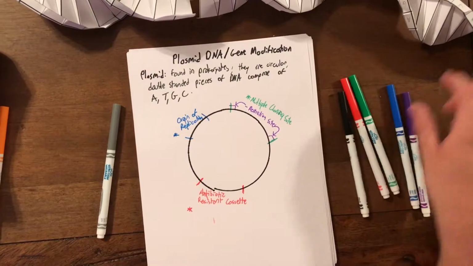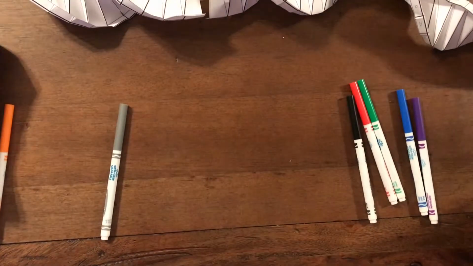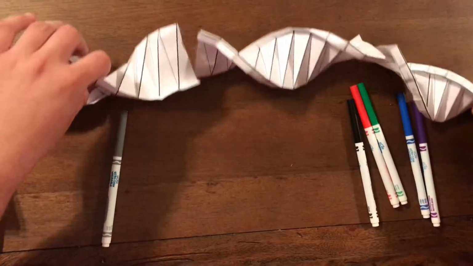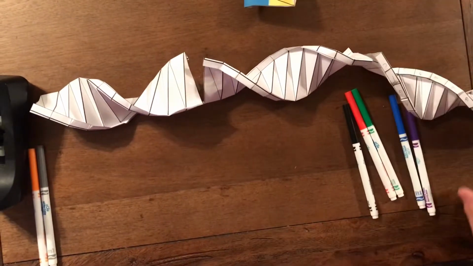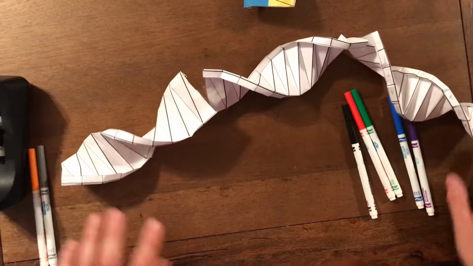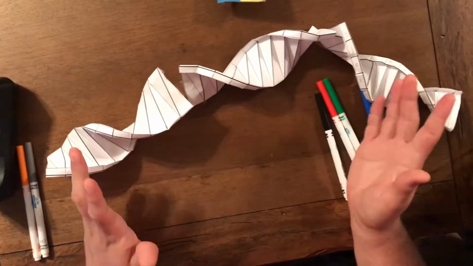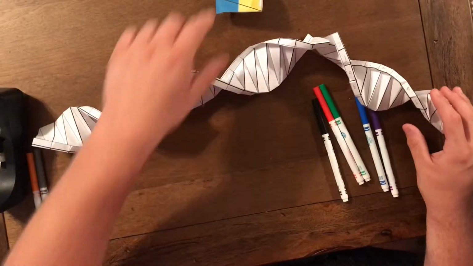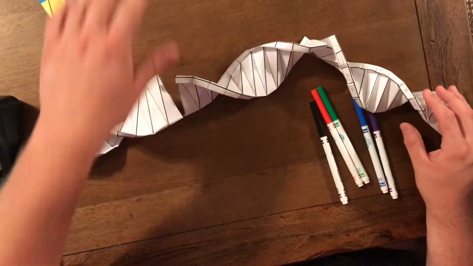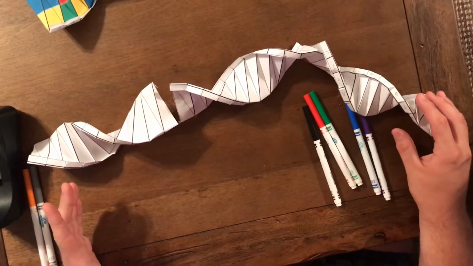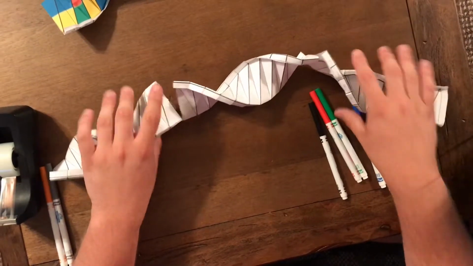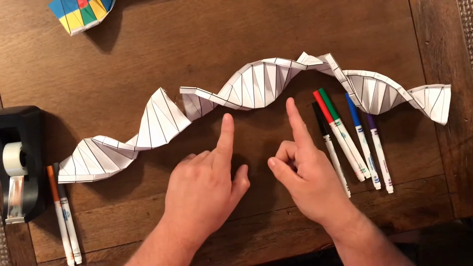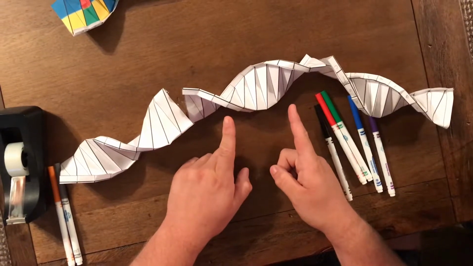So using this model of DNA that I have constructed from origamindna.com, we have our multiple cloning site, and what we want to look at here is we have some outside DNA that's outside the multiple cloning site, and then we have this piece of DNA that's inside the multiple cloning site.